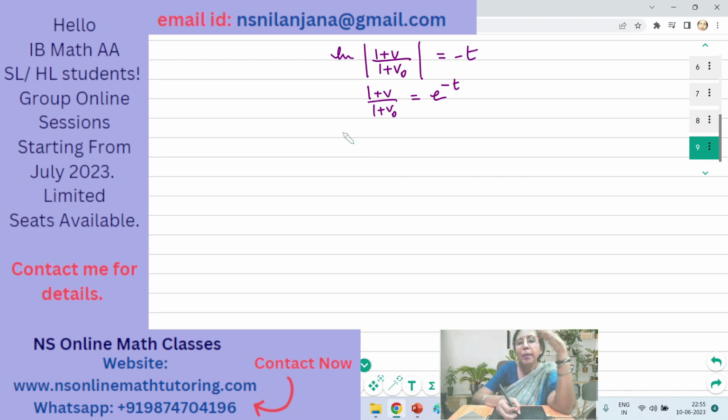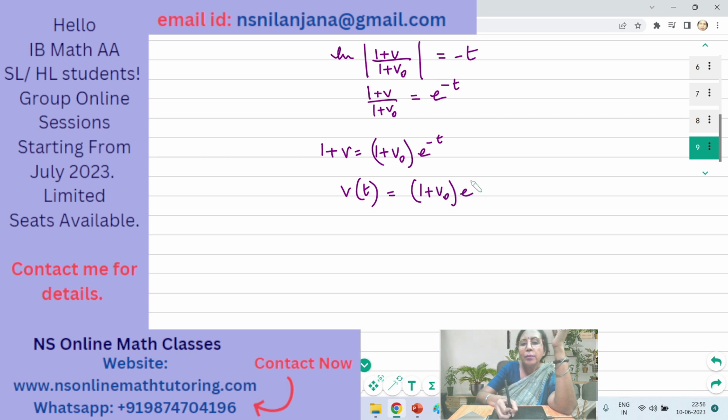So let us see what expression we get for v. First of all, let us multiply both the sides by 1 plus v0. So we get 1 plus v equal to 1 plus v0 times e to the power of negative t. Okay, or v, which is a function of t, should be equal to 1 plus v0 times e to the power of negative t minus 1.